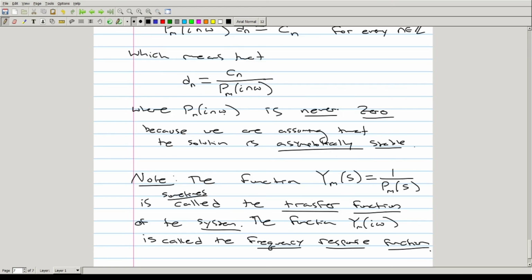Because it's giving us a direct relationship between the Fourier series coefficients of an impulse forcing function, which are these C_n's right here, and the solution d_n.